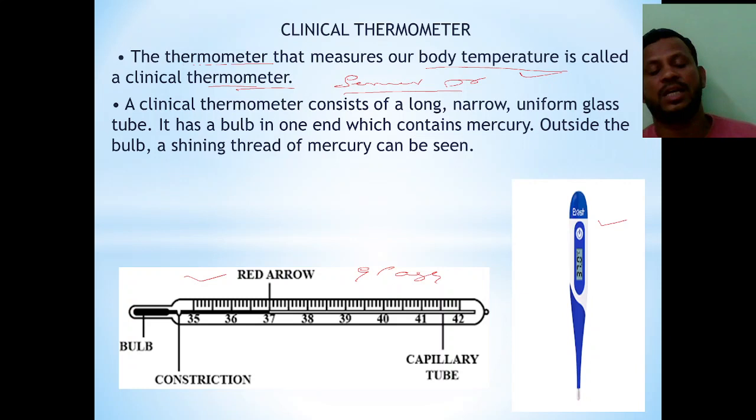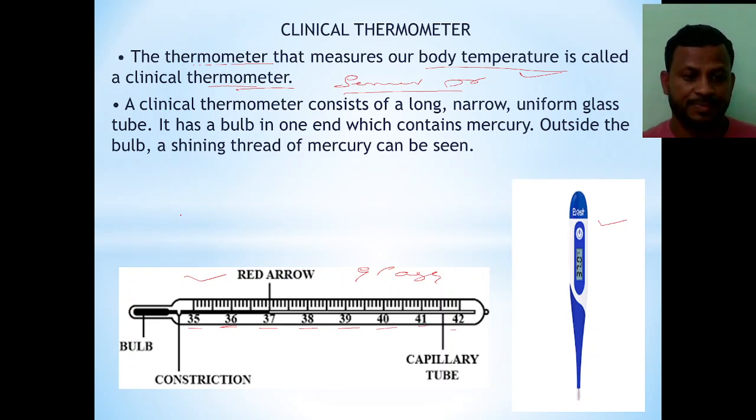When he removes it, he reads the measurement on the thermometer: 35, 36, 37, 38, 39, 40, 41, 42. These are the readings on the thermometer.